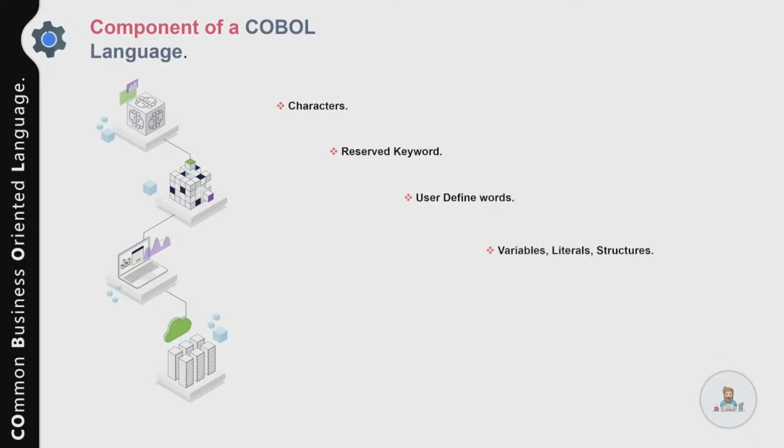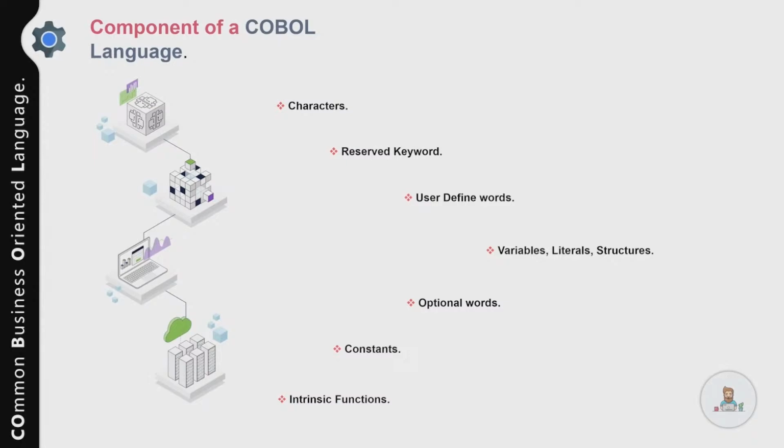So for better understanding, I've divided the entire structure of COBOL into different components. And with the help of these components, you actually create your program or your program logic, right? So as of now, just remember that these are the different components, and in the next couple of lectures, we're going to discuss each of these components in detail. So first component is character.